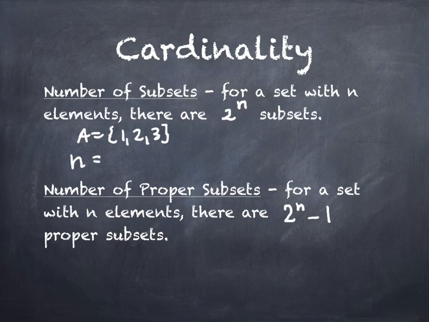What was n? How many elements are in that set? 3. So what is 2 raised to the 3rd power? 8. Right? That's the number I got when I wrote them all out longhand. So just to make sure everybody's with me, what would you do if you had 7 elements? How many subsets would there be?